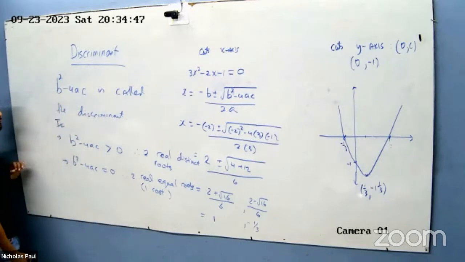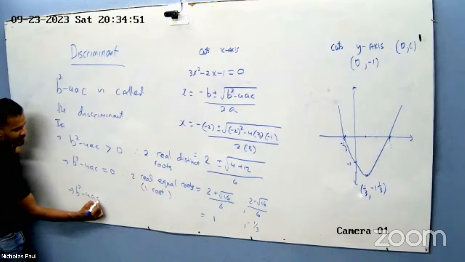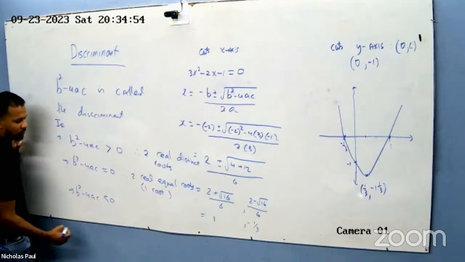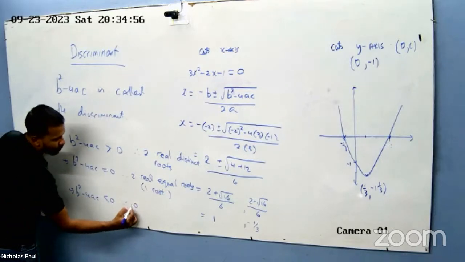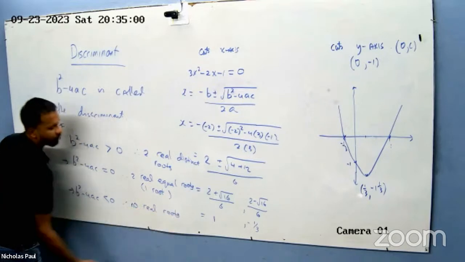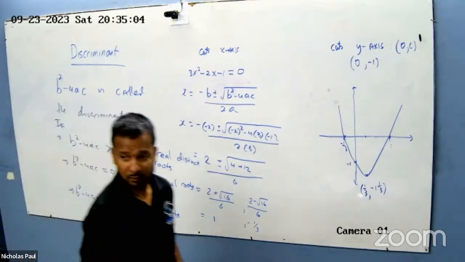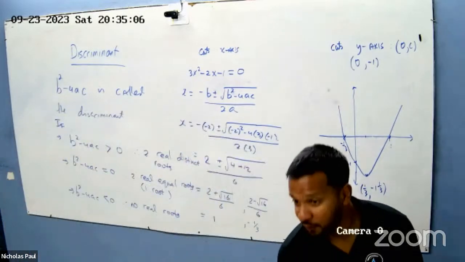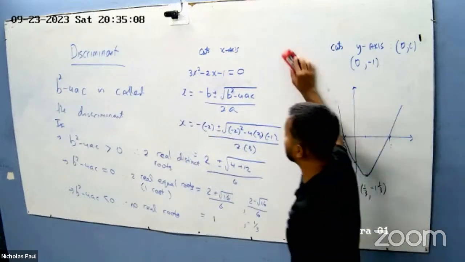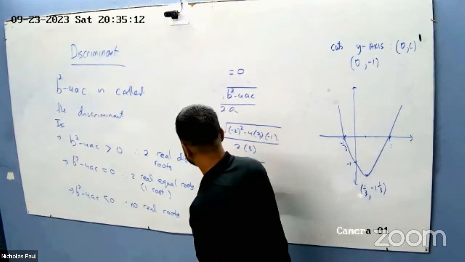And if b squared minus 4ac is less than 0, we have no real roots. Are you okay with that? Any questions online on that? So the discriminant, b squared minus 4ac, is very, very important.